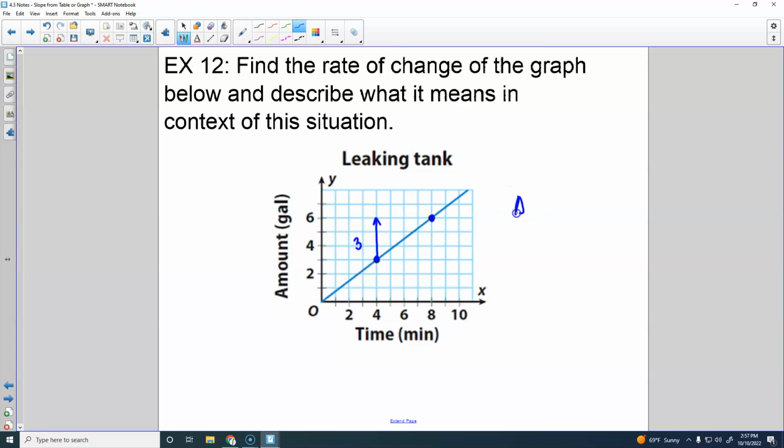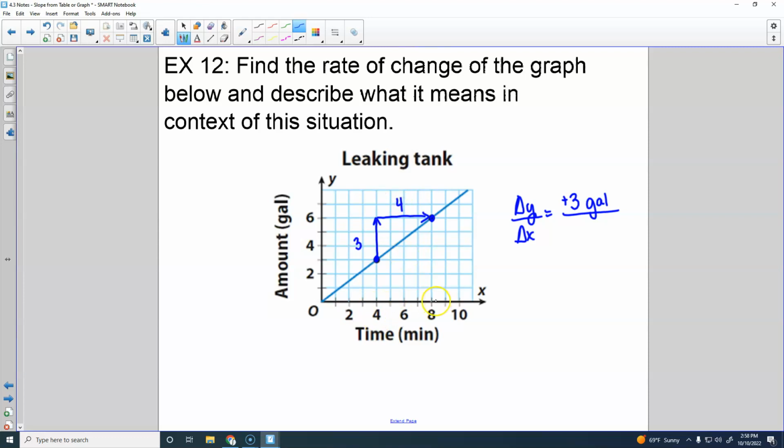So my change in y over change in x, it's positive 3. And what am I measuring that y in? What are the units for my y-axis? Gallons, right? Amount in gallons. So I'm going to say 3 gallons. All right. Then I need to go to the right 4.